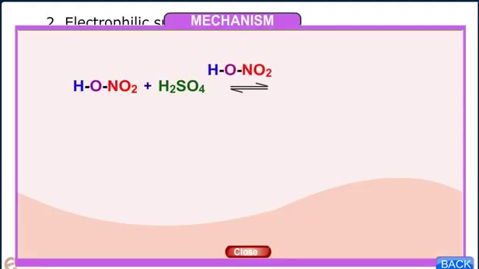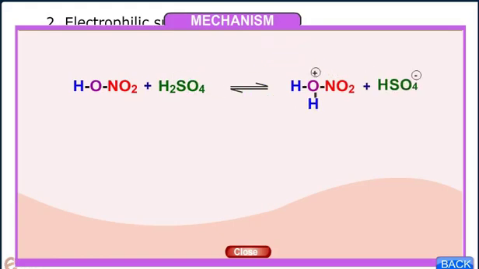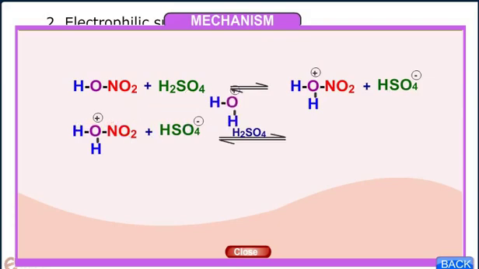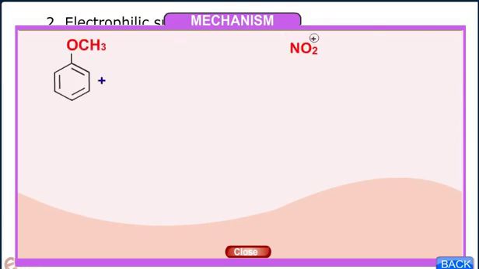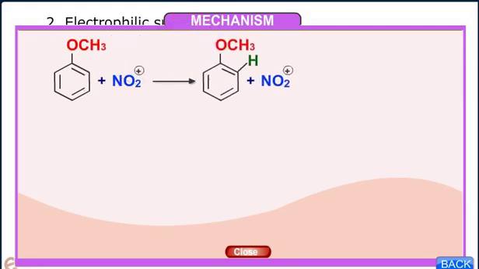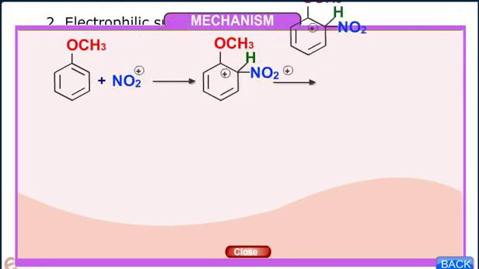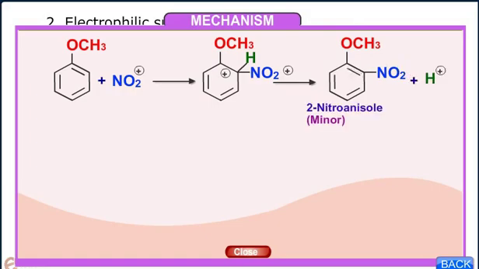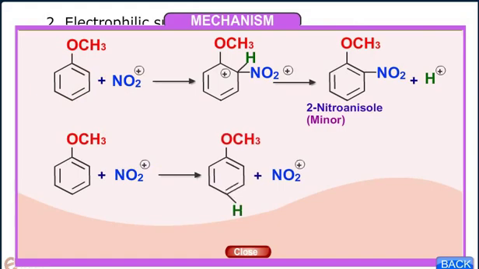HNO3 + H2SO4 ⇌ H2O + NO2⁺ + HSO4⁻, where NO2⁺ is the electrophile, which attacks anisole, and electrophilic substitution takes place and forms 2-nitroanisole, the minor product, and 4-nitroanisole, the major product.